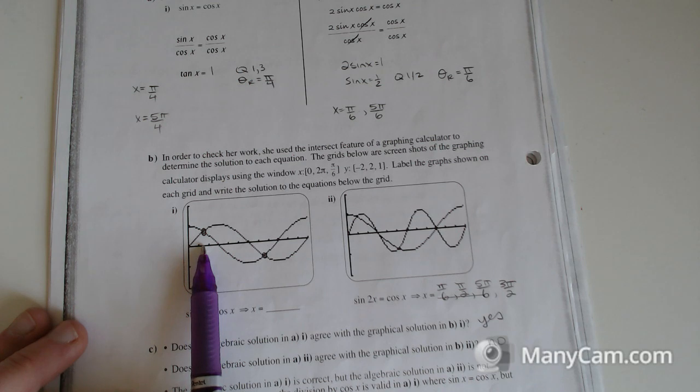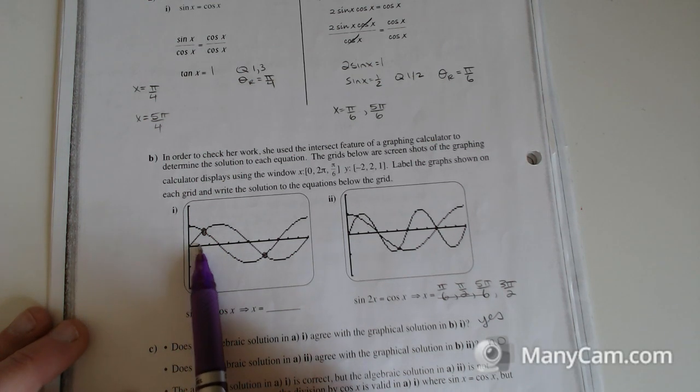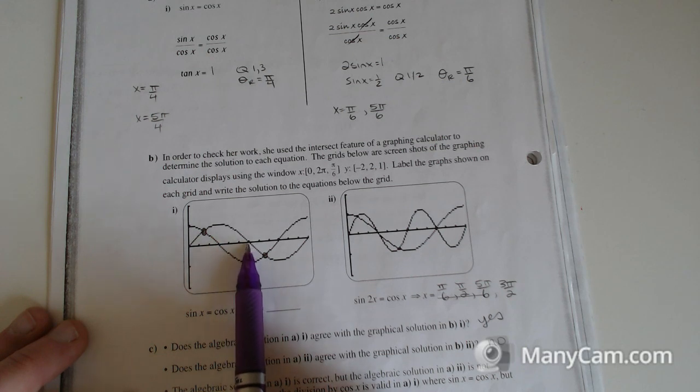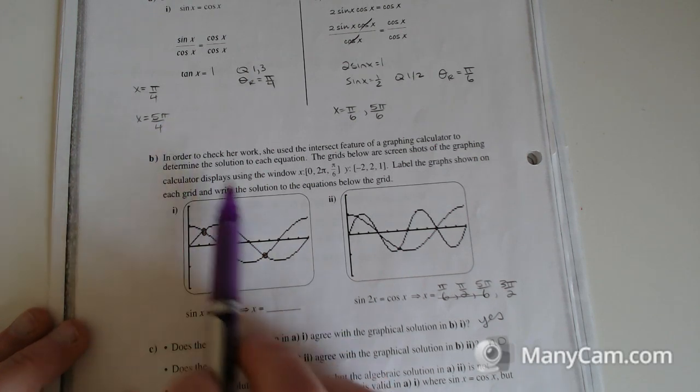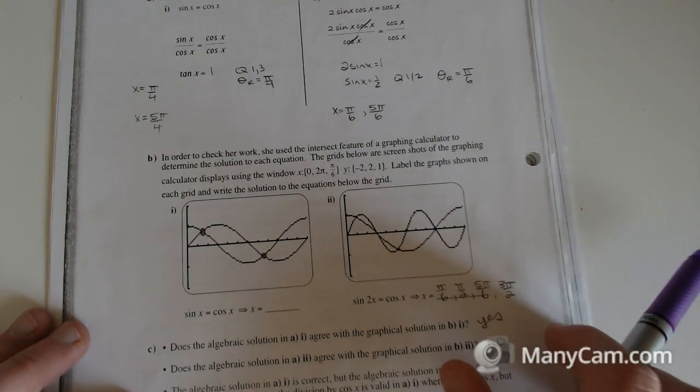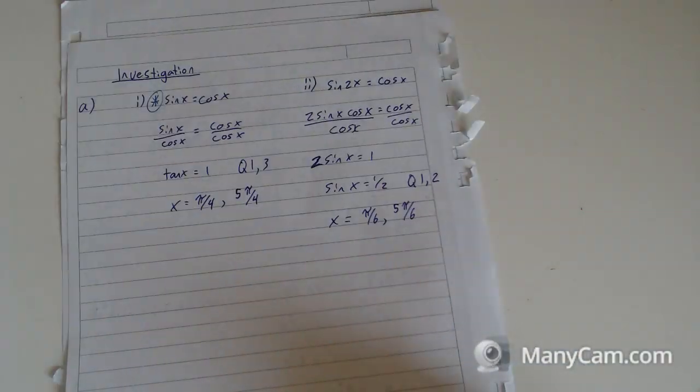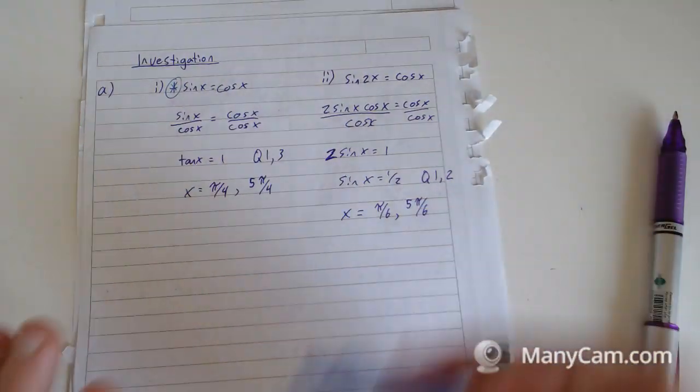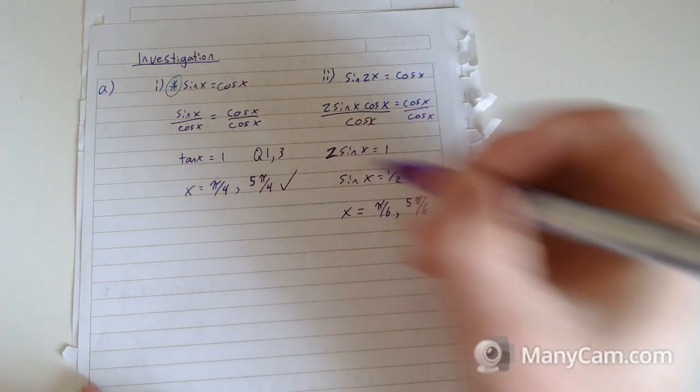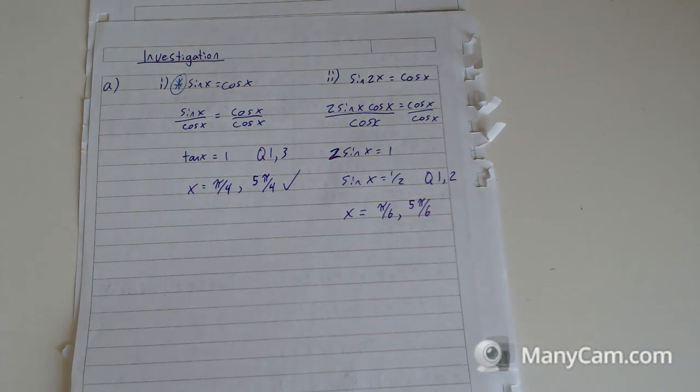That makes sense. 1 pi over 6, 2, 3, 4, 5, that's pi. And then this is pi over 4 past pi, which is indeed 5 pi over 4. So this one works out just fine. We find the two solutions are indeed these two solutions. So we did correct work in that one.